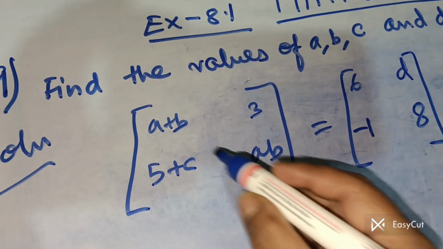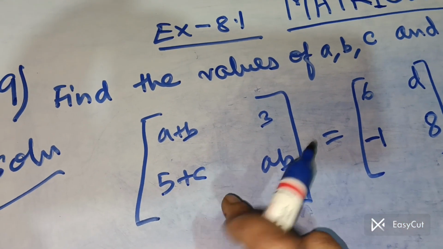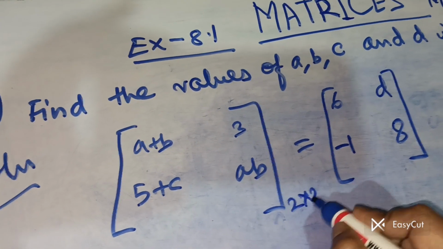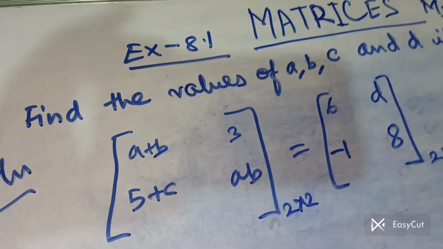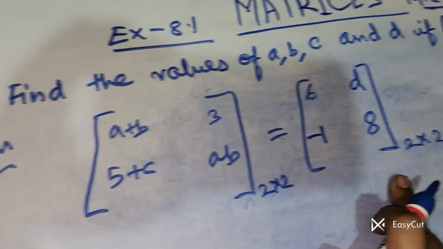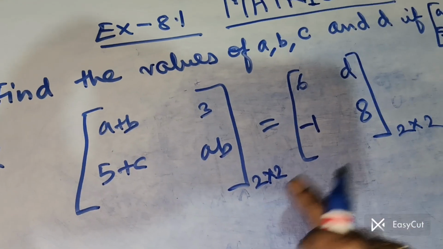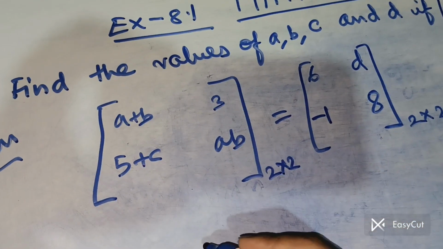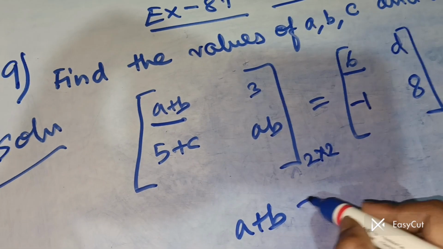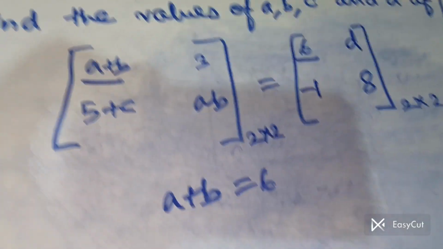See, we can see that the order of the matrix on the left hand side and right hand side are both the same. Here it is 2 by 2 and here also it is 2 by 2. Since both matrices have the same order, 2 by 2 and 2 by 2, we can say that the first element a plus b should be equal to 6.